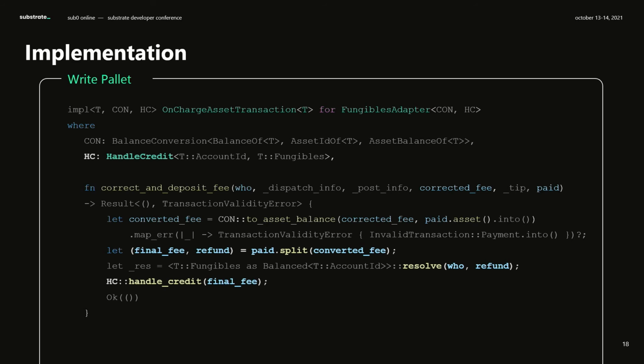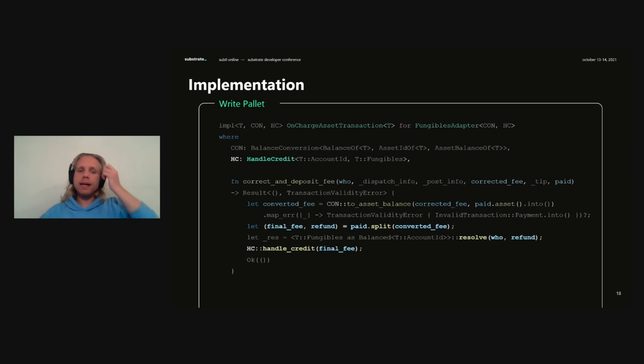And then this is the correct and deposit fee. So this is what we do afterwards. There we also convert the fee from the native balance type to our asset balance. And then based on the paid fees and the final converted fee, the corrected converted fee, we split into a final fee and a refund.